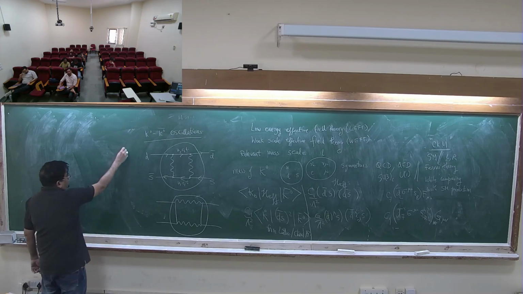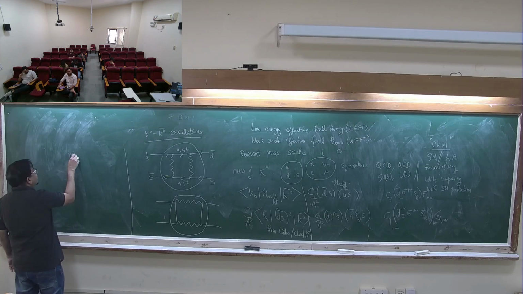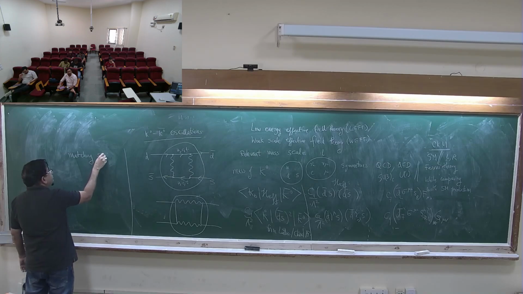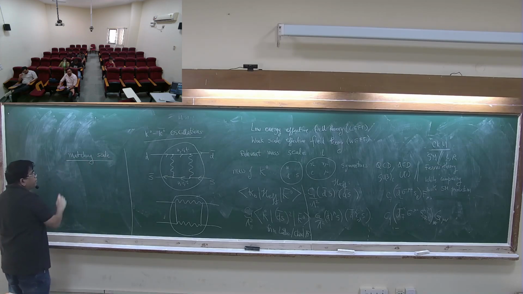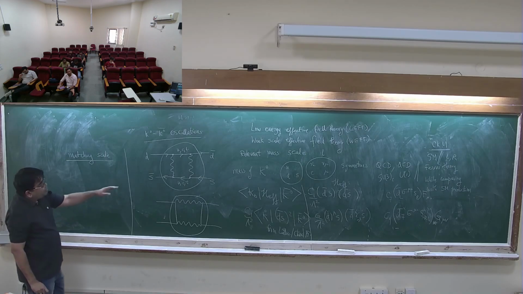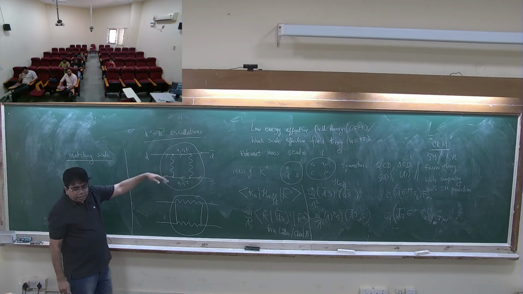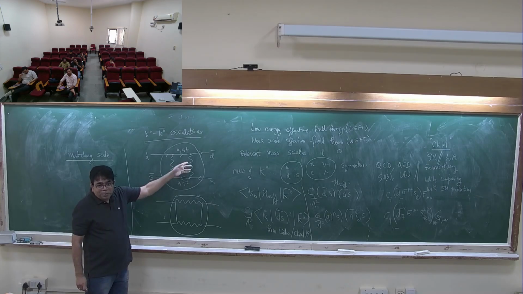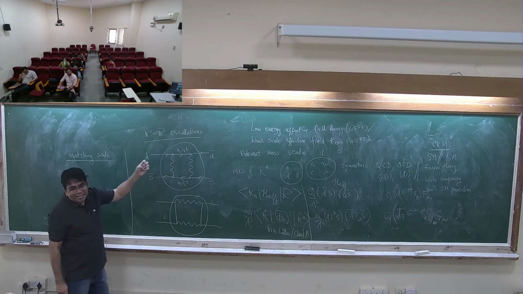This diagram is only valid, so you can forget about the top, but the top plays a very important role. If there is no top, this GIM mechanism will not work. Okay, right?